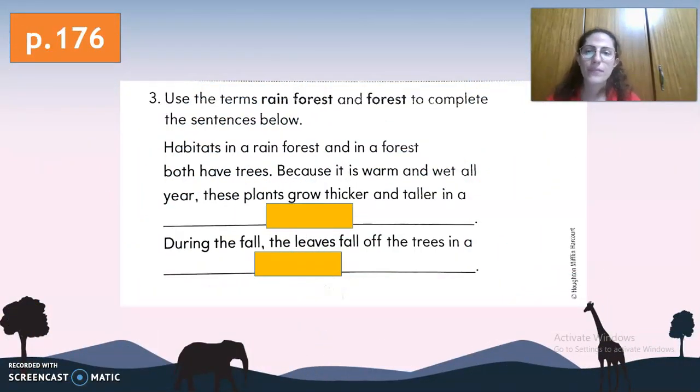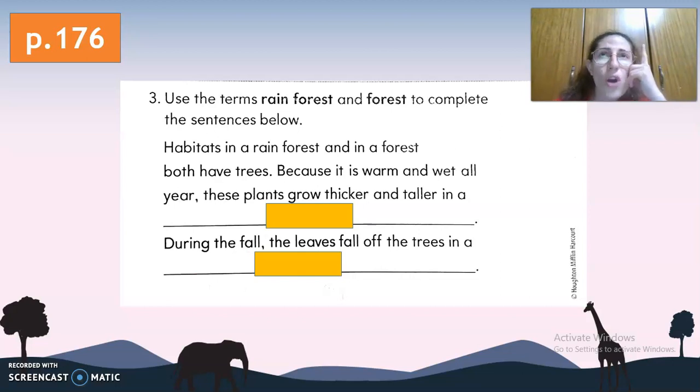Number 3. Use the terms rainforest and forest to complete the sentences below. Habitats in a rainforest and in a forest both have trees. Because it is warm and wet all year, these plants grow thicker and taller in a rainforest. So, let's reread it.